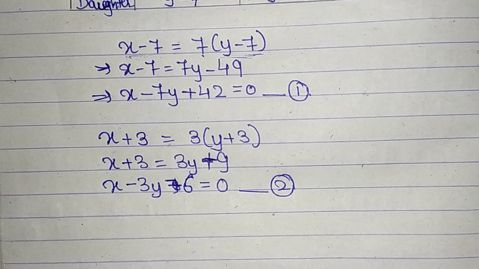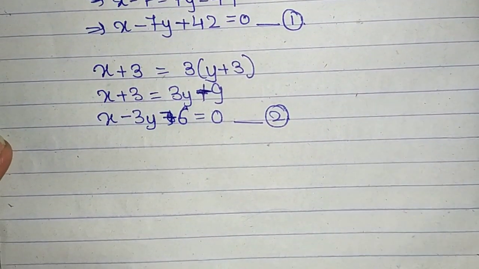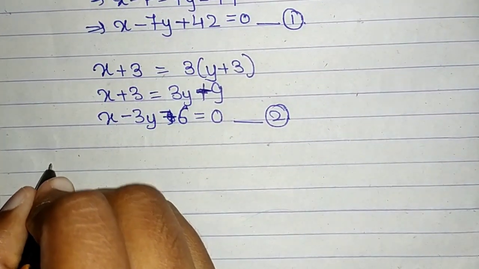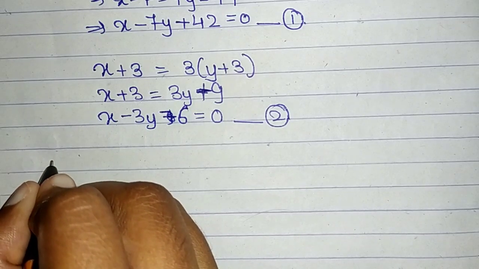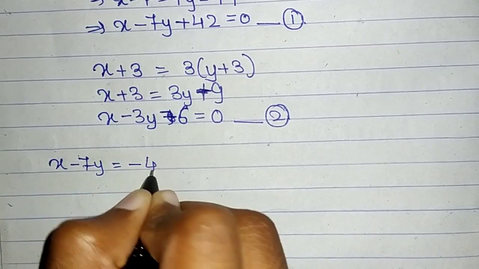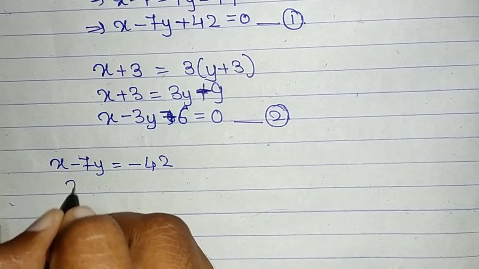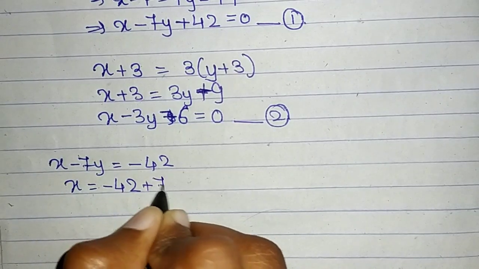Now to represent this situation graphically, we have to determine the points for the graph. So since x minus 7y plus 42 is equal to 0, we can write x minus 7y is equal to minus 42, x is equal to minus 42 plus 7y.